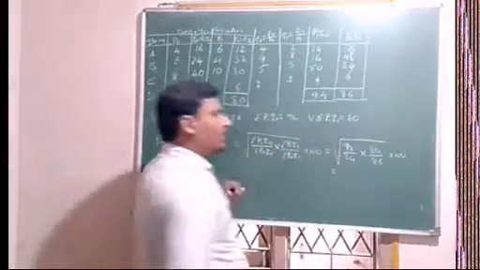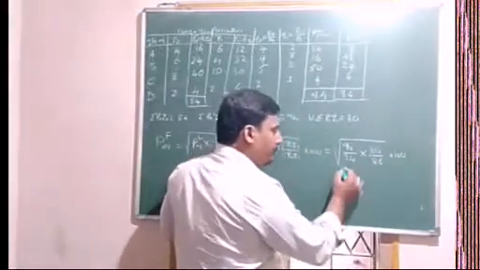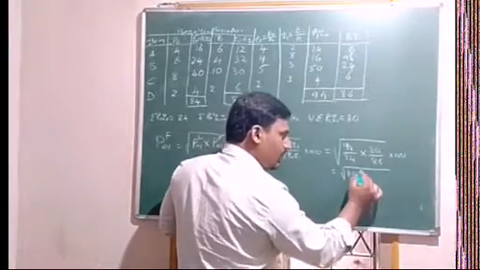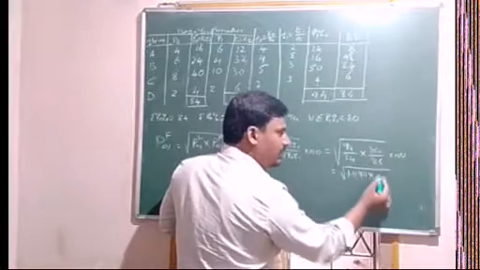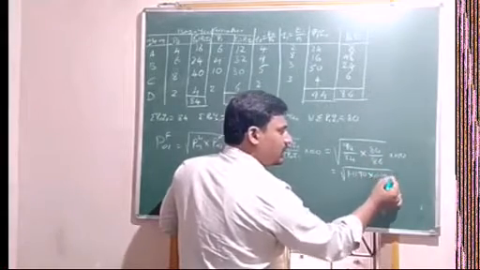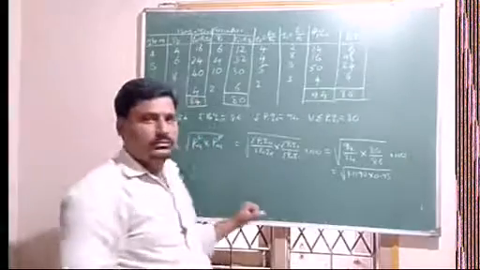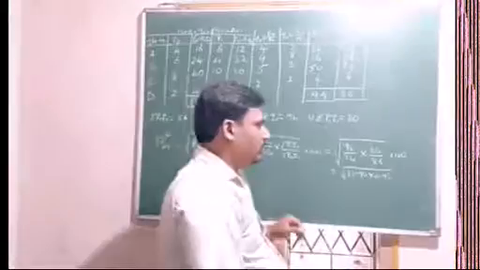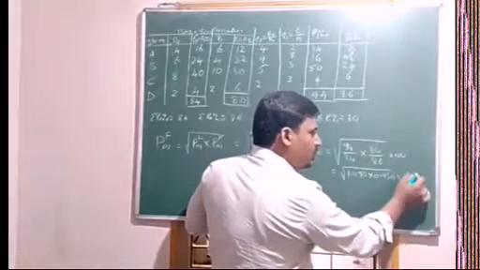Okay, now what is the answer for 94 divided by 84? Root of 1.1190 into 80 divided by 86, 0.93, how much? 0.9302. Okay. Into 100.